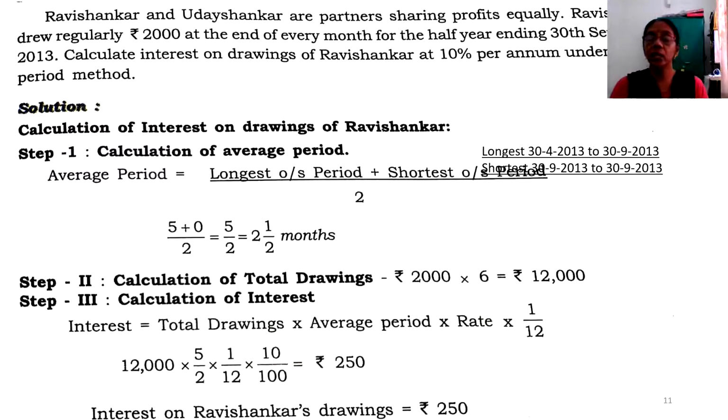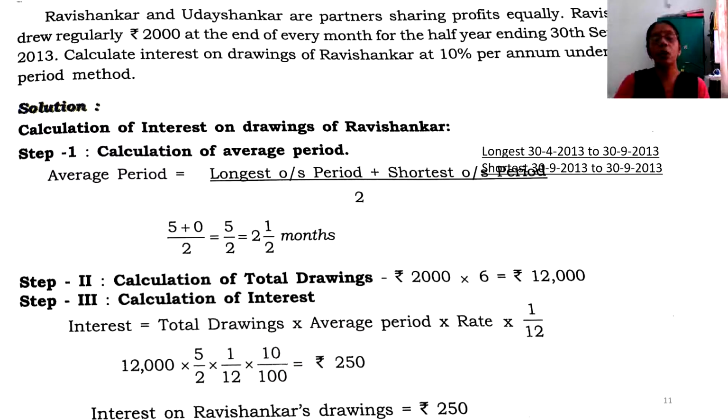And in between these periods, we are going to take an average out of it. So once you finish computing the average period, also calculate the total drawings. Total drawings will be the amount of drawings given into the frequency. If they give you monthly, you multiply by 12. If they give you half yearly, multiply twice. 2 times in the year it has been withdrawn. Likewise, total withdrawal has to be found out.